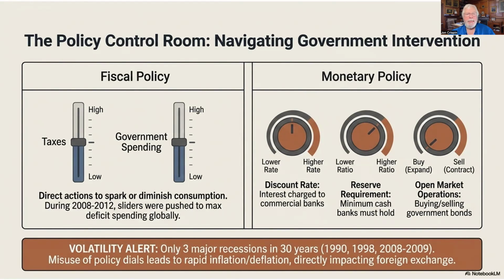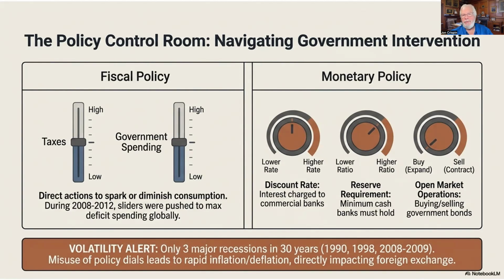And so central banks, since the Great Depression, have been working assiduously to make sure that these swings are not too damaging. There have been recessions, there have been downturns, as we've seen over the last 30 years.